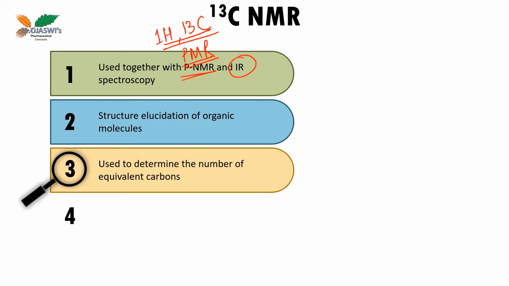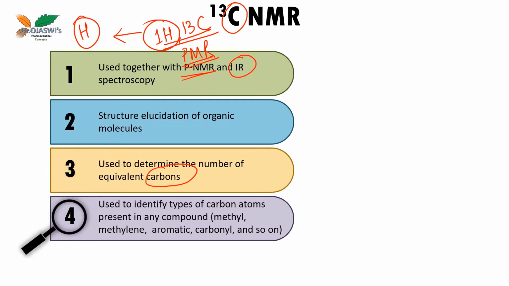It is used to determine the number of equivalent carbons. We have studied earlier 1H NMR where we get information about hydrogens. Here we get information about carbon. So it is used to identify types of carbon atoms present in any compound.